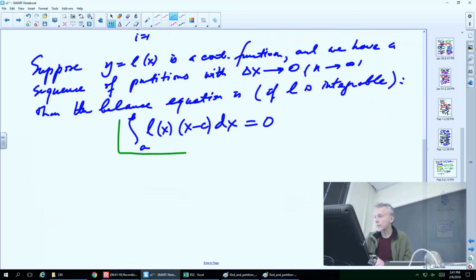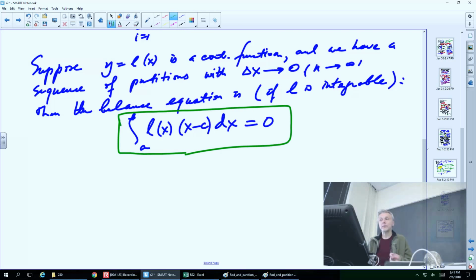Presented in terms of an integral of the function rather than summation. So it always starts with summation. Practically speaking, if you have a rod and you want to find its balance center of mass, and you don't want to physically try to find a balance by experiment, what do you do?